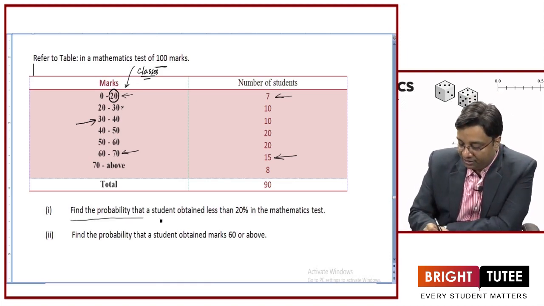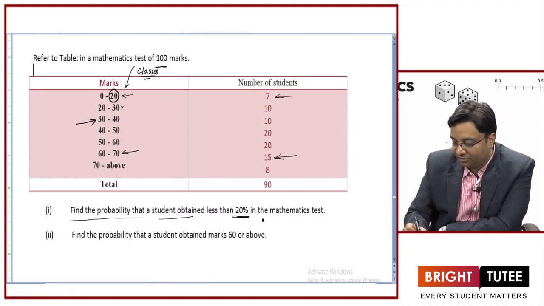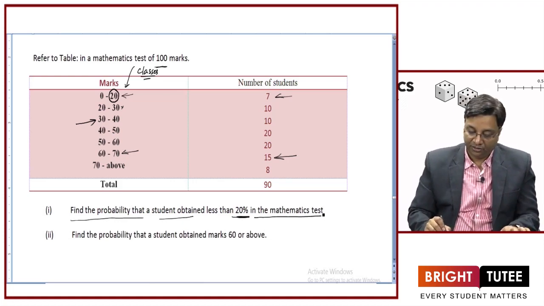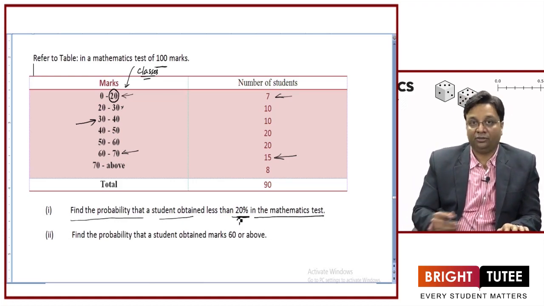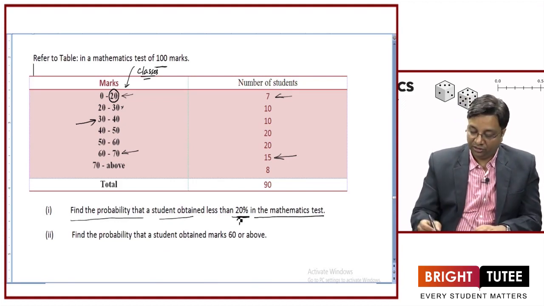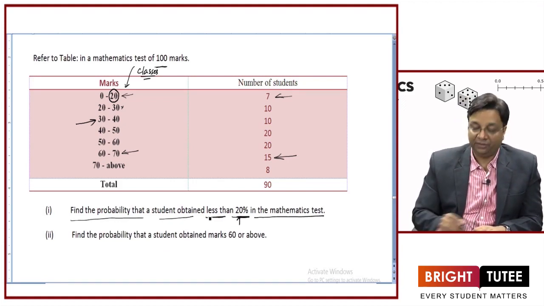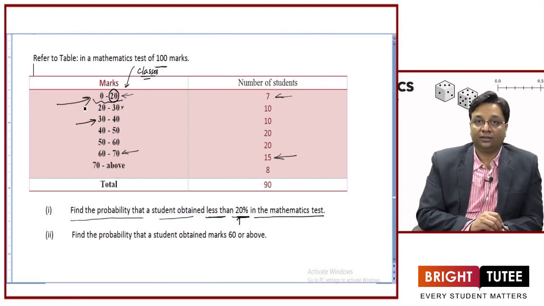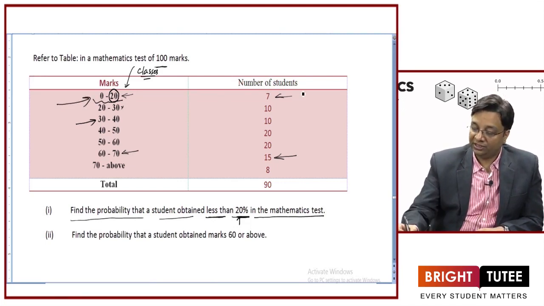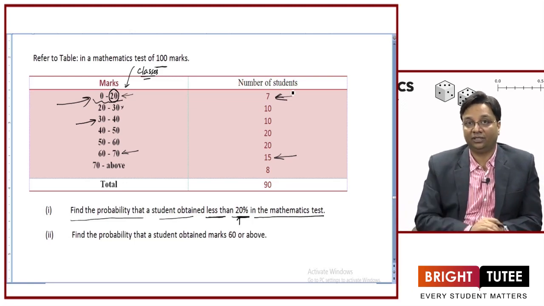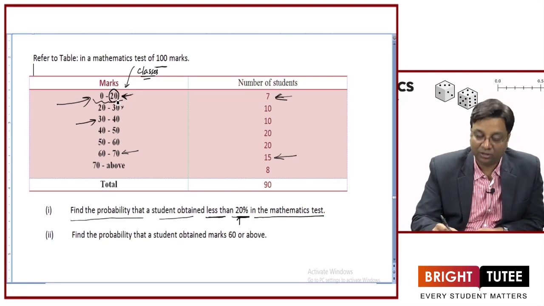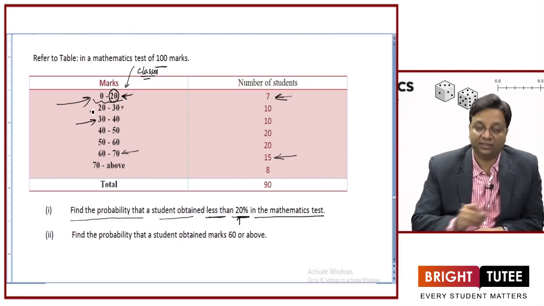Find the probability that a student obtained less than 20% marks in the mathematics test. So, when you say 20%, you mean 20 out of 100. So, the students who have obtained less than 20 marks in a test of 100 marks. So, this will be the area that we will look into. 7 students are such who have obtained less than 20 marks, because this 20, that is the upper limit of this class, is not counted here. 20 is counted in this class.